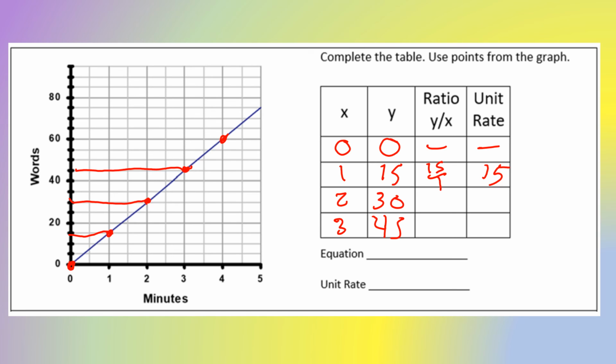Next, the ratio for 2 comma 30 is 30 over 2. And again, we're going to simplify. It's 15. And 45 over 3 also equals 15. So my unit rate is 15 across the board. The equation: y equals 15x.